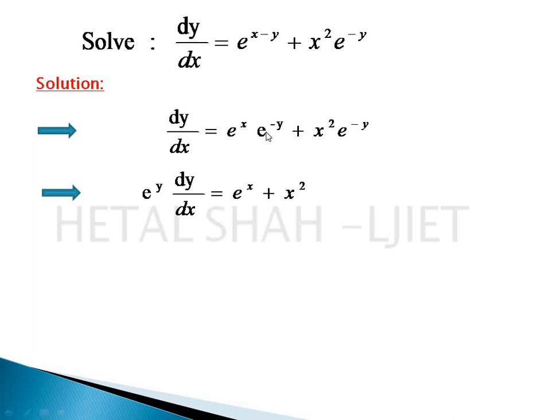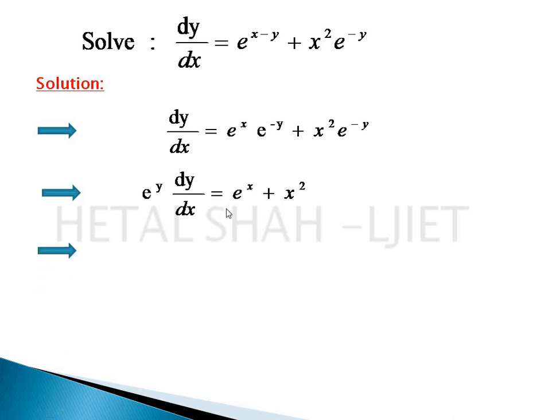Now here, in both terms we have e^(-y). So we write e^(-y) on the left-hand side in the form of e^y. So it is e^y dy/dx = e^x + x^2.